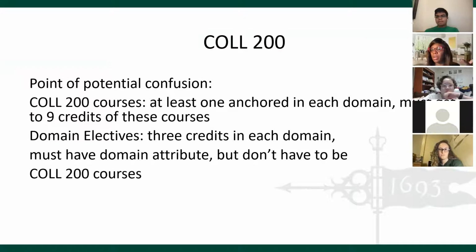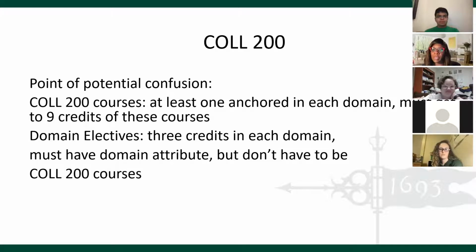So you may have had either 2 ALV, an NQR, and a CSI for a total of 12, or vice versa, right? Under the new curricula, starting this fall, the students who came in fall of 2021, the curriculum has changed where going forward, students only need 9 credits of COLL 200. It made it much more simpler. So you don't have to figure out the extra COLL 200 hanging out there.